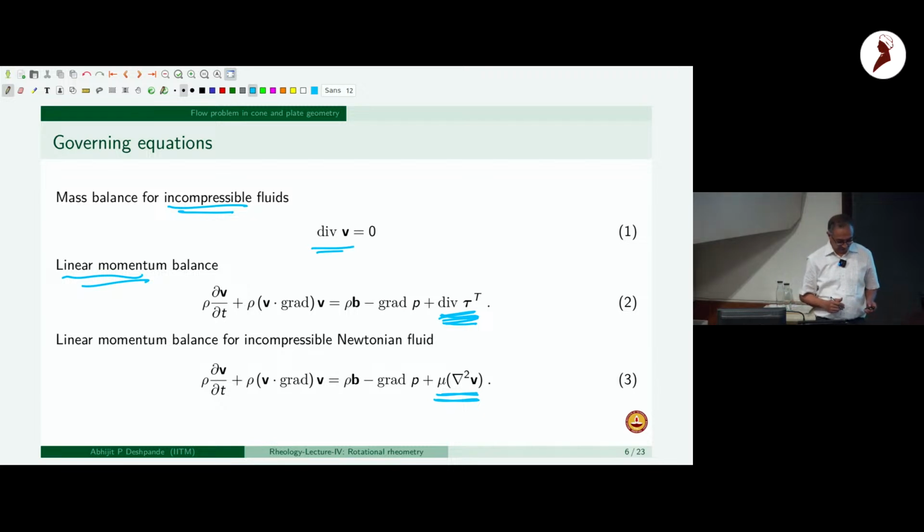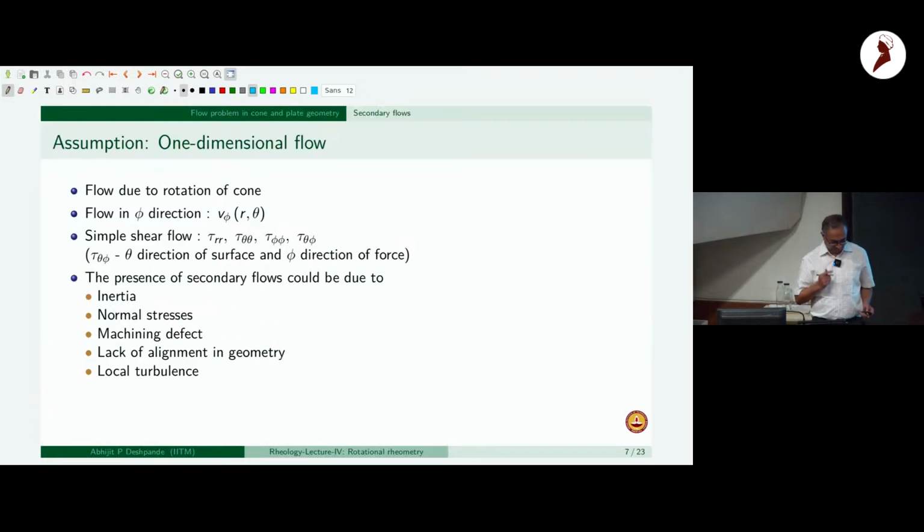So we'll now go through some of these before looking at the governing equation. What are the features? We basically impose a one-dimensional flow. I have mentioned all of these: flow is only in the phi direction, where velocity is a function of r and theta.